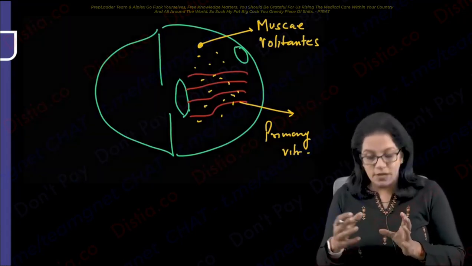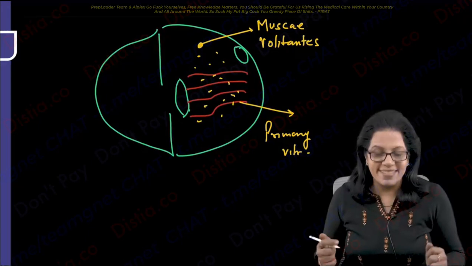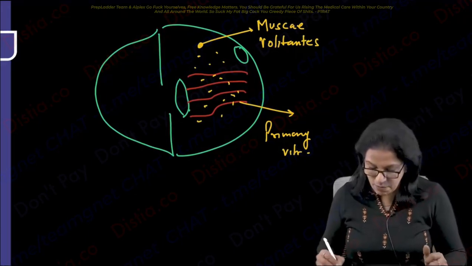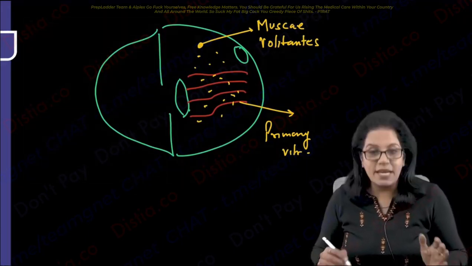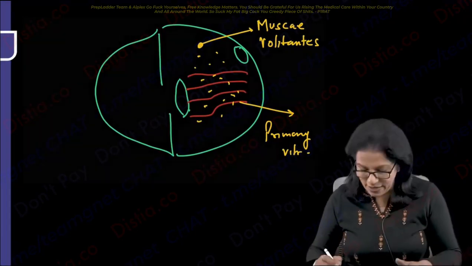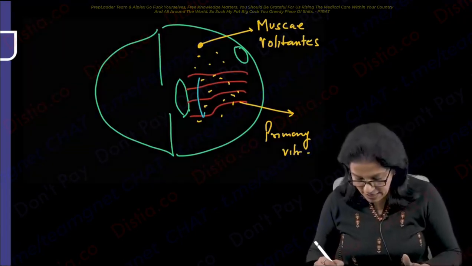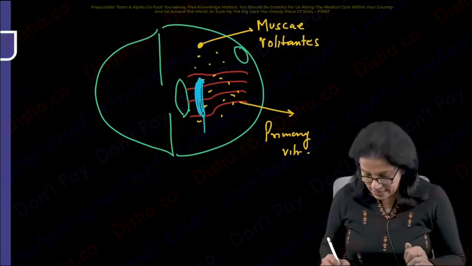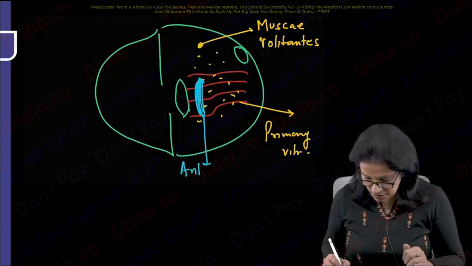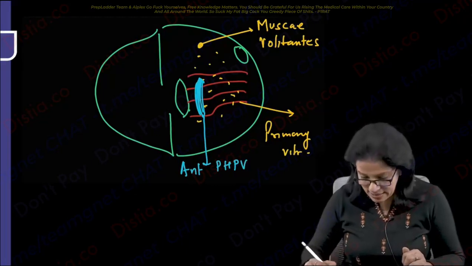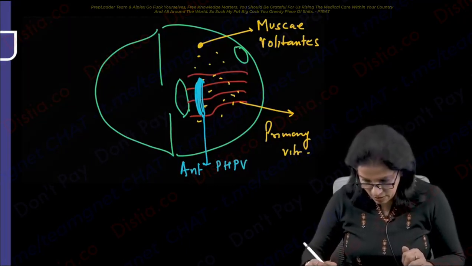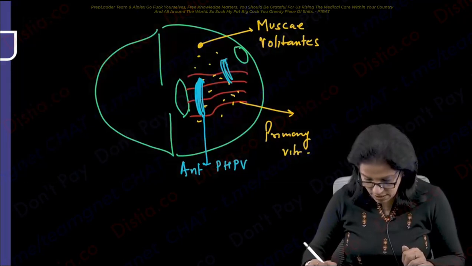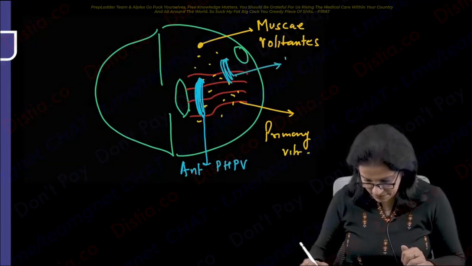Okay, if a larger chunk is left behind, then behind the lens, I'm making it very simple, in a simplified manner, I'm making you learn along with me. Then behind the lens, this is called anterior PHPV, persistent hyperplastic primary vitreous, and near the optic disc it is called posterior PHPV.